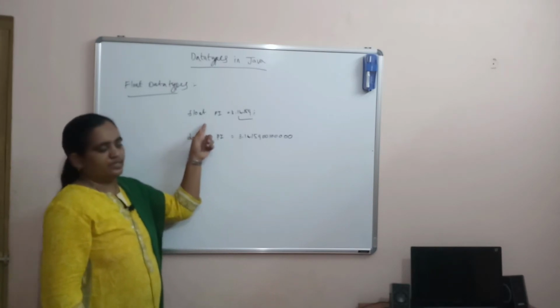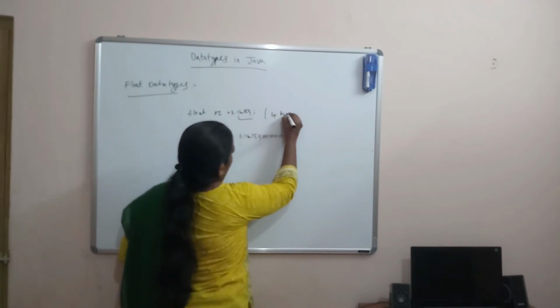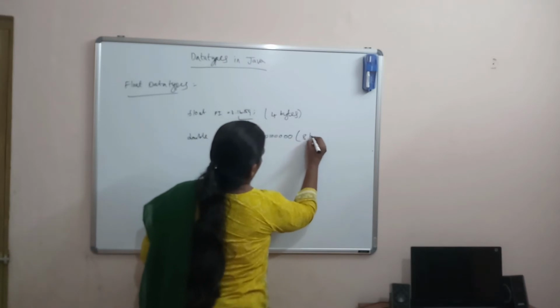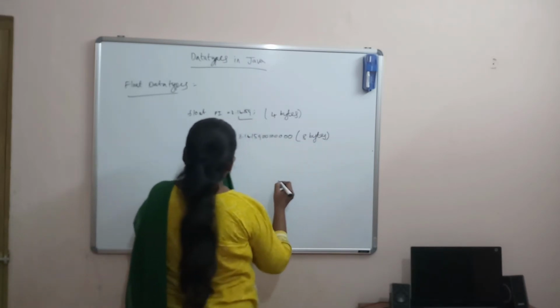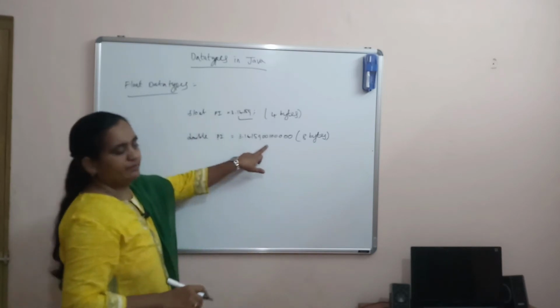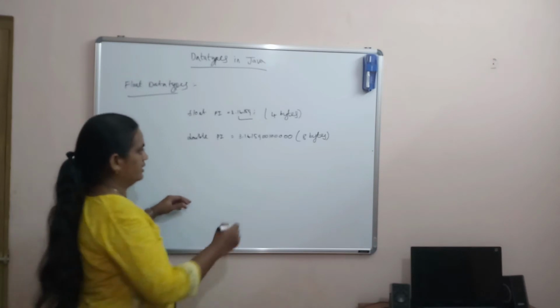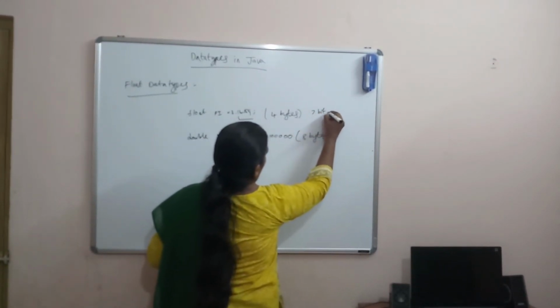Float takes 4 bytes of memory. Double data type takes 8 bytes of memory. So that's why I can display up to 15 digits after the decimal point.